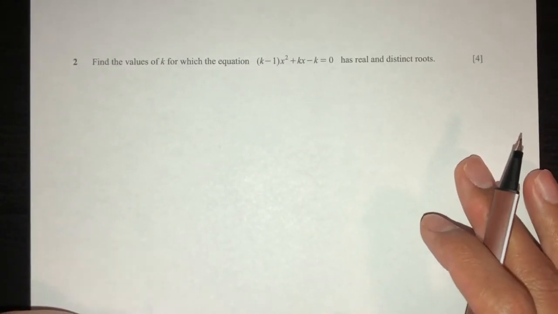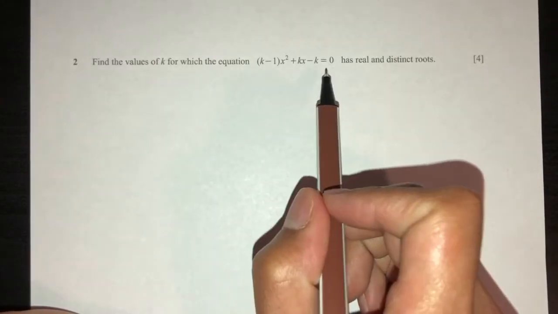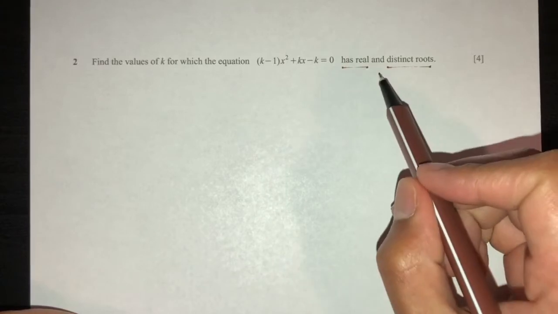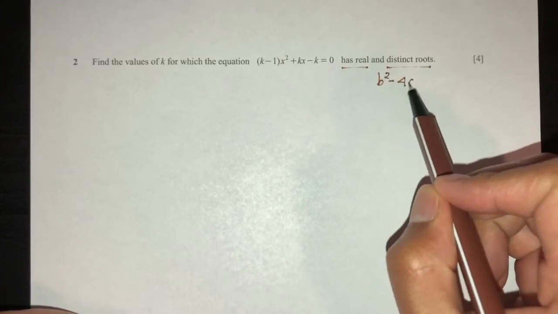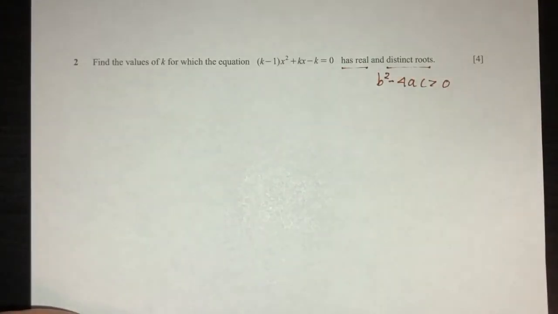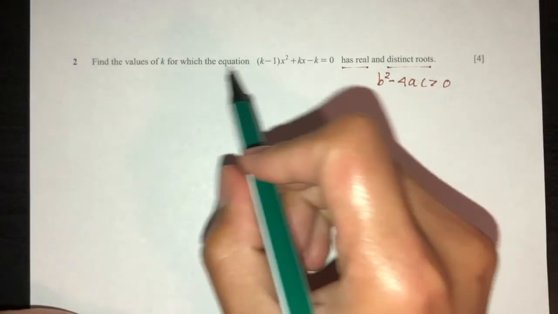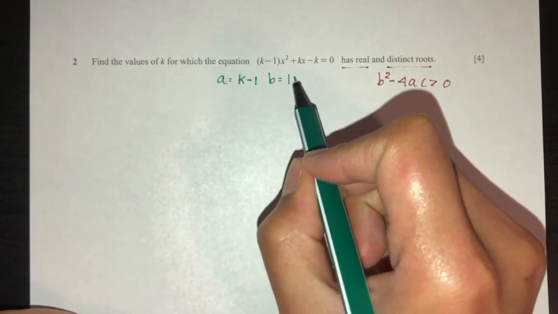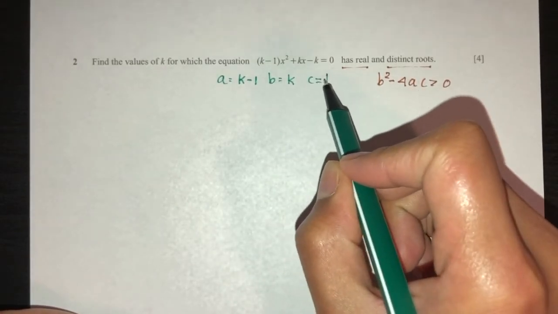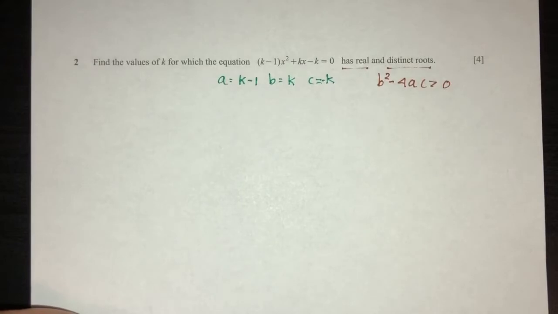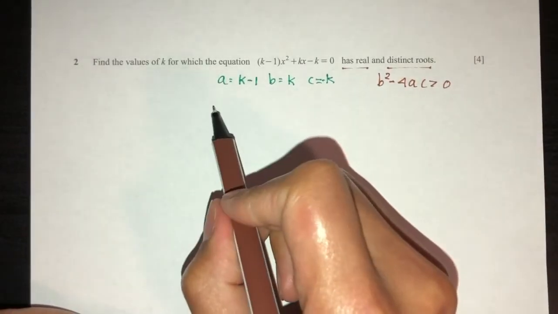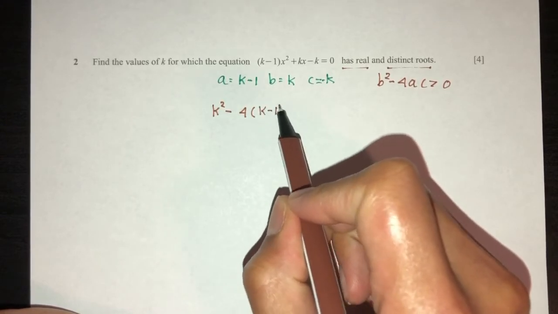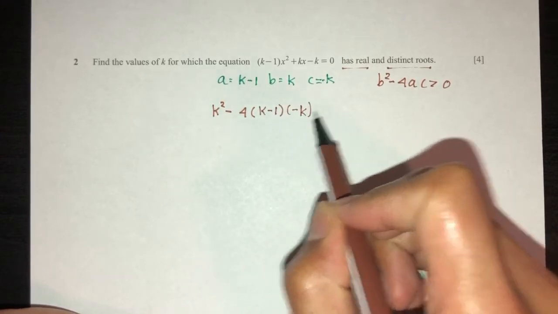Now, question number 2 is to find the values of k for which this equation has real and distinct roots. So when you see that, you know you have to use b squared minus 4ac is more than 0. So let's find the values. So a is k minus 1, b is k, and c is minus k. So we have to find b squared minus 4ac. So b squared is k squared minus 4 times a, which is this one, and c is minus k.